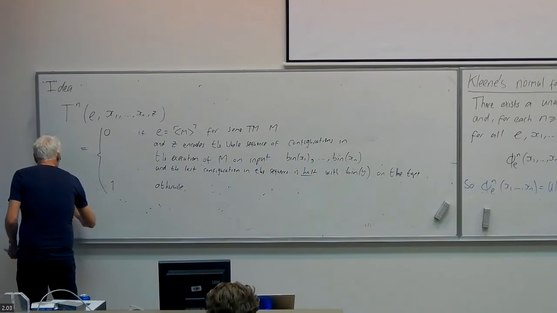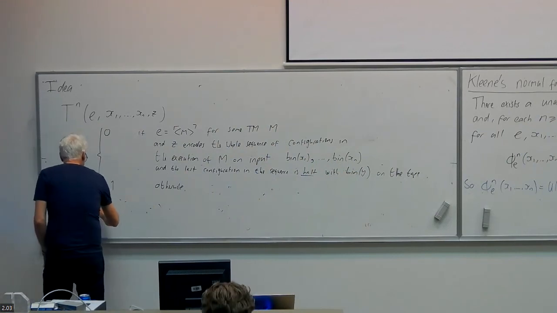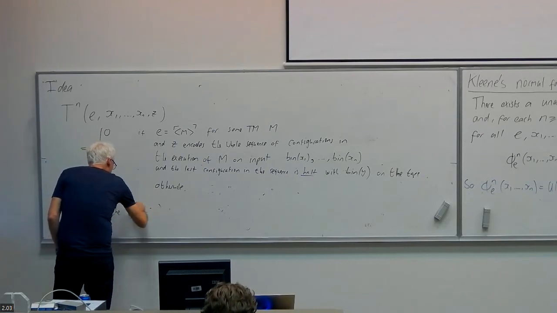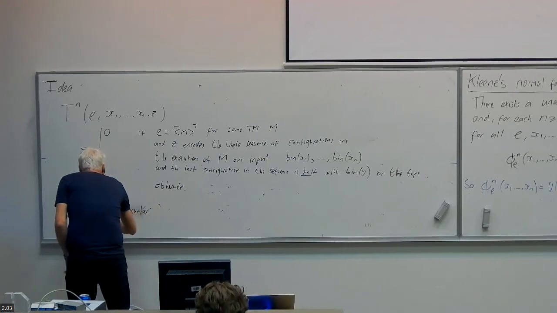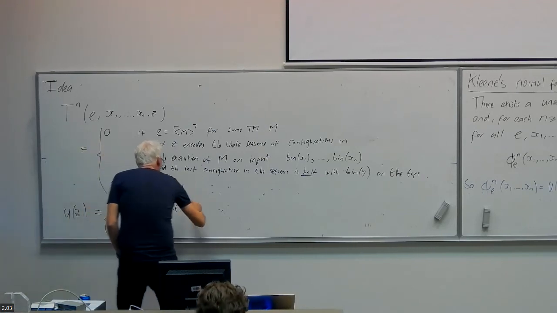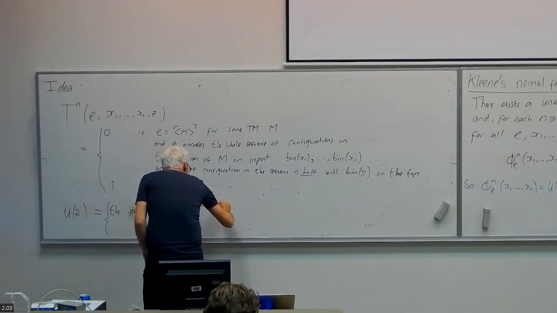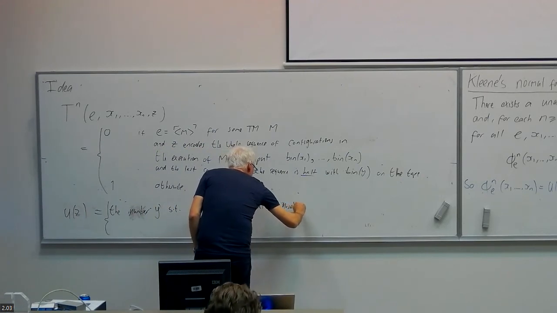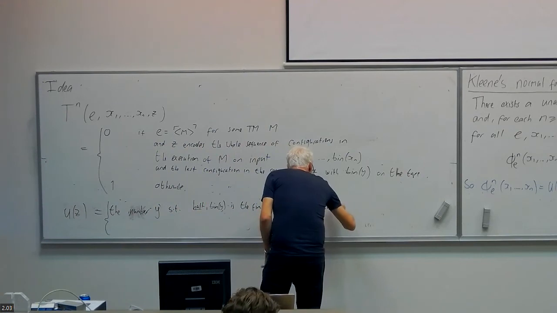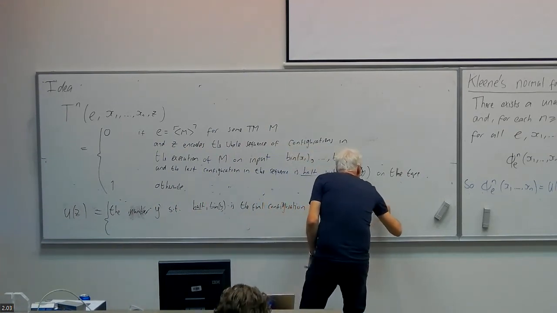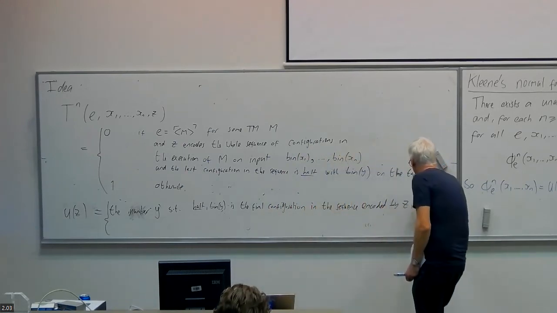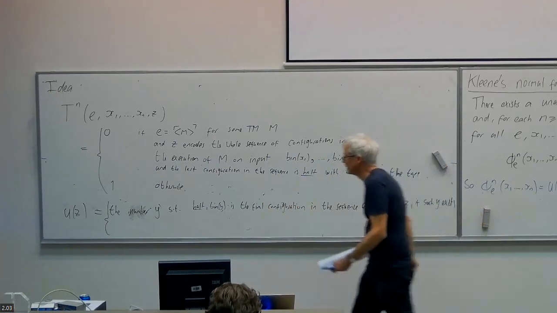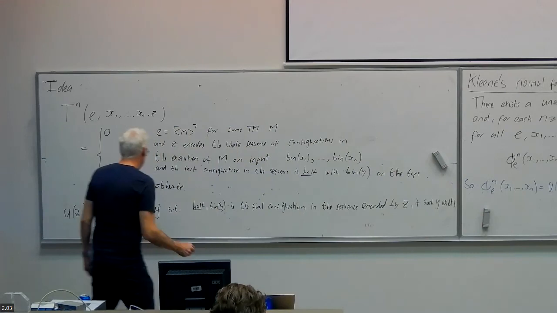So U of z is defined to be the result, the number y such that halt with y is the final configuration in the configuration sequence encoded by z, if such a y exists, and if not, well, it doesn't matter what we return.